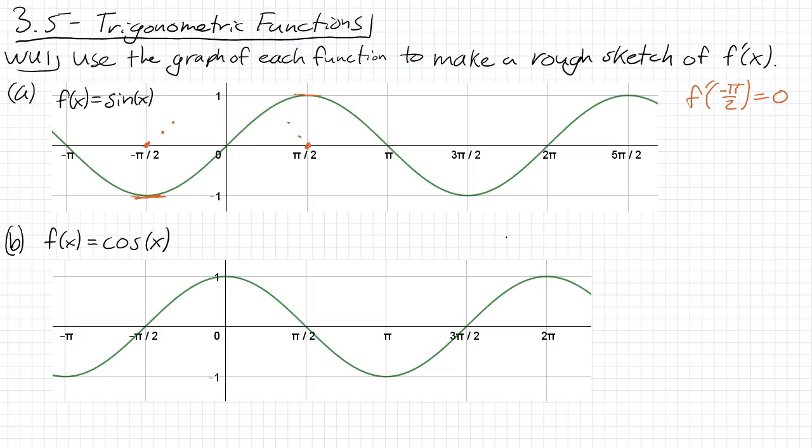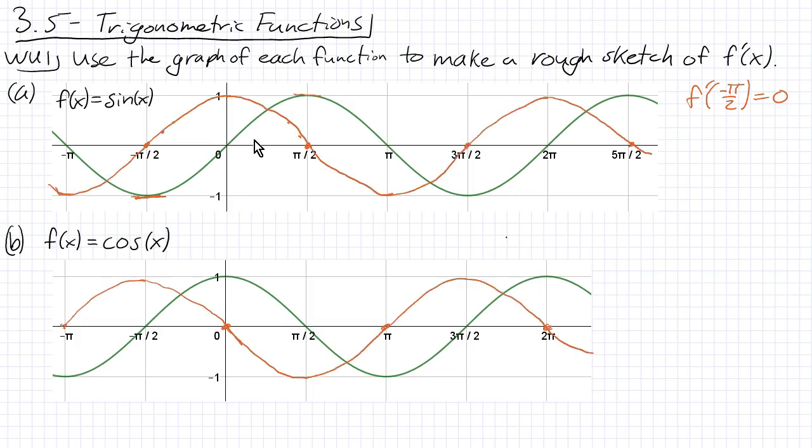Let's pause it now, because I will write the answers in and they will appear in 3, 2, 1. And here they are. Now, it might not look precisely like this. For example, it's hard to tell exactly just from the graph what f prime of 0 is, the derivative of sine.